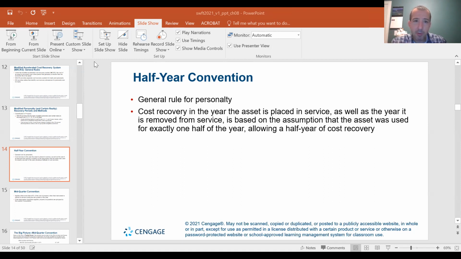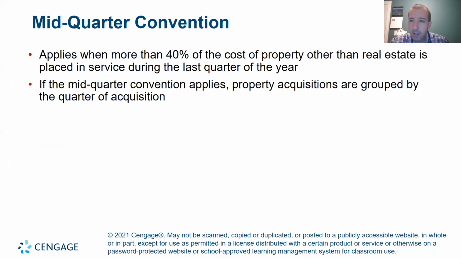The only time that we won't use a half-year convention is if we use a mid-quarter convention. A mid-quarter convention applies to personal property if more than 40% of the cost was acquired in the last quarter of the year.